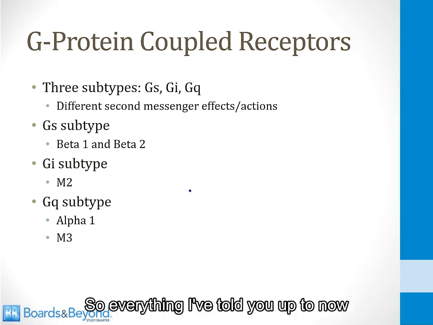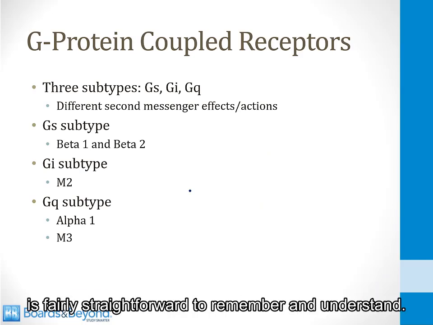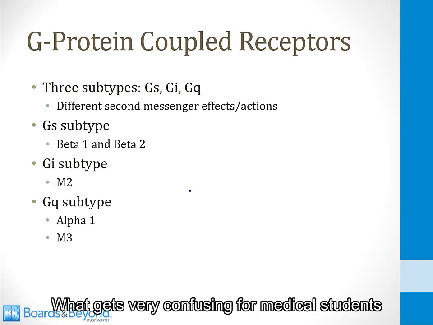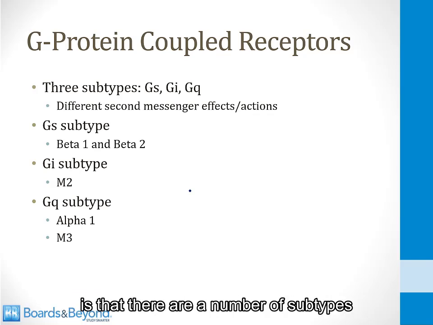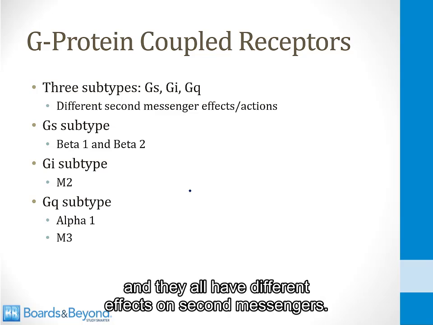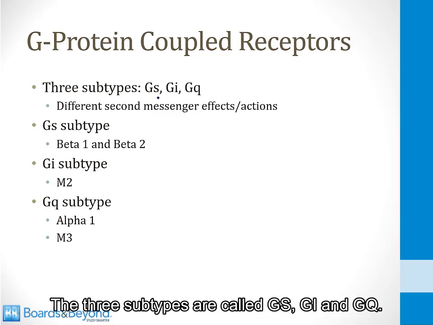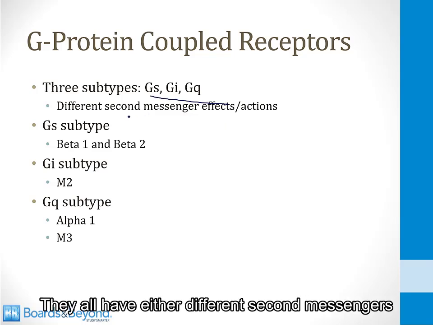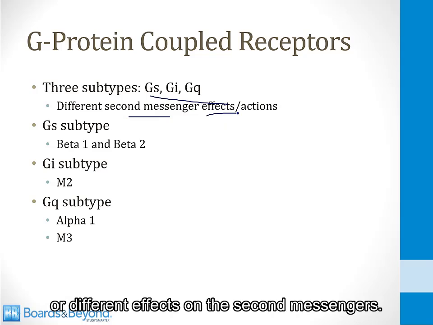So everything I've told you up to now is fairly straightforward to remember and understand. What gets very confusing for medical students is that there are a number of subtypes of G-protein coupled receptors, and they all have different effects on second messengers. The three subtypes are called GS, GI, and GQ. They all have either different second messengers or different effects on the second messengers.